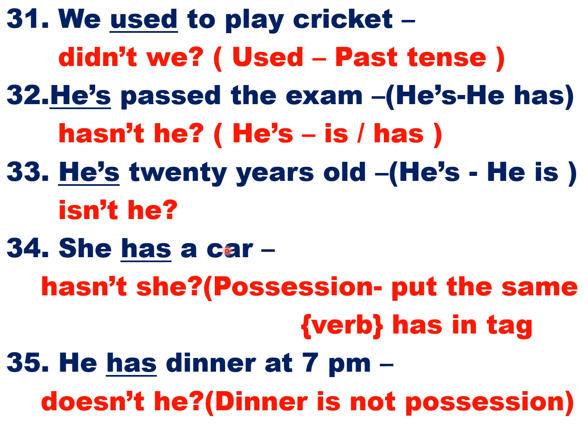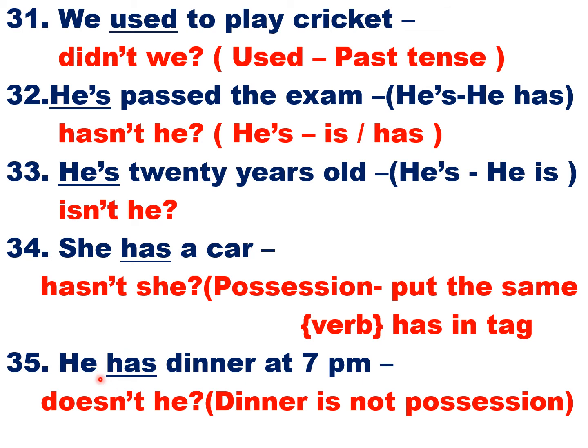She has a car. This has indicates possession. She owns a car. So we have to use the same verb in the question tag also. Positive statement, so negative tag, hasn't she.